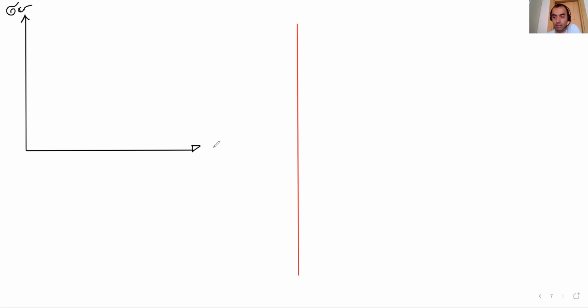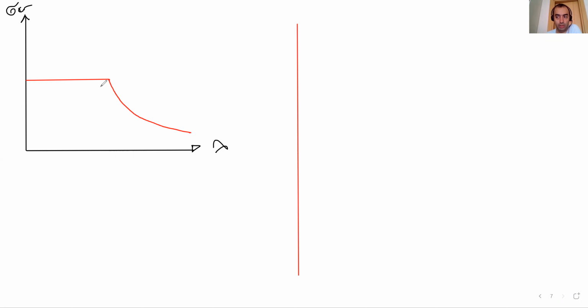This is lambda. The method is like this.